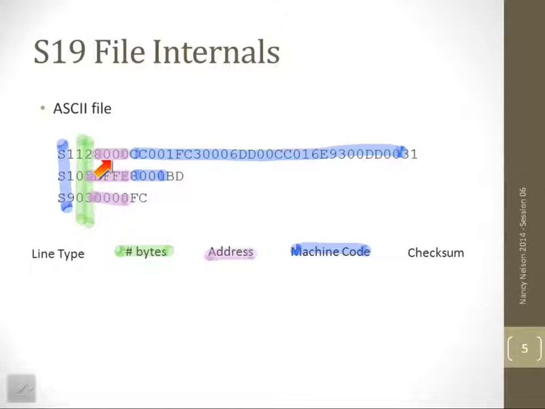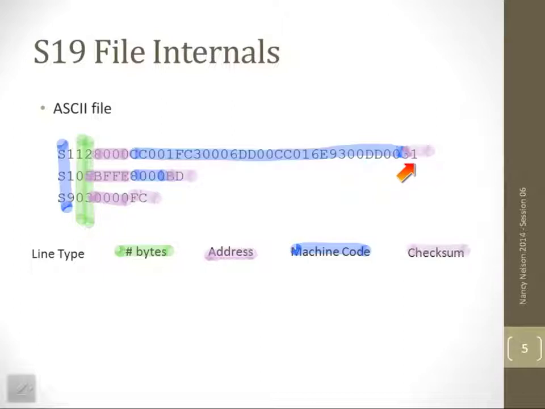The last one, our checksum, is the last 2 digits on each line, and what happens is there's an arithmetic process done on each of the values in a line, and that generates that 31, that checksum.